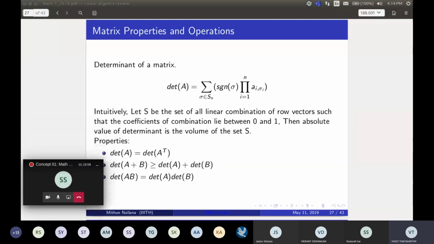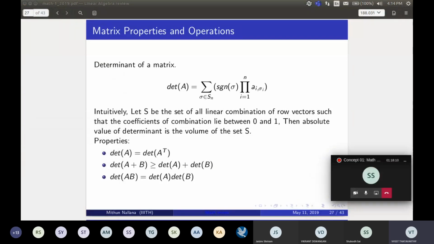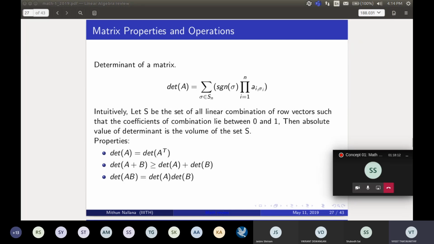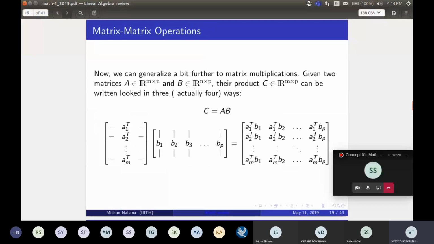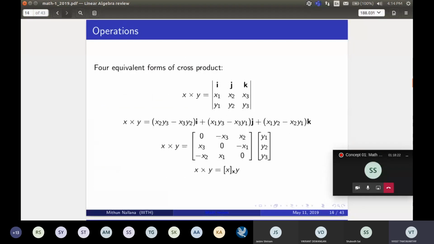And similarly, for a matrix, you can define a determinant. Intuitively, it involves all the linear combinations of rows. By the definition of a determinant, you can look at the cross product definition, where we write the determinant as i times (x2y3 minus x3y2), and so on.